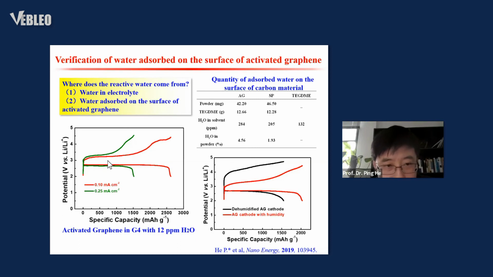So we can see a very low charge platform at 3.2 volts. Yes, and if we use the dehumidified activated graphene cathode, it has no low potential water platform.